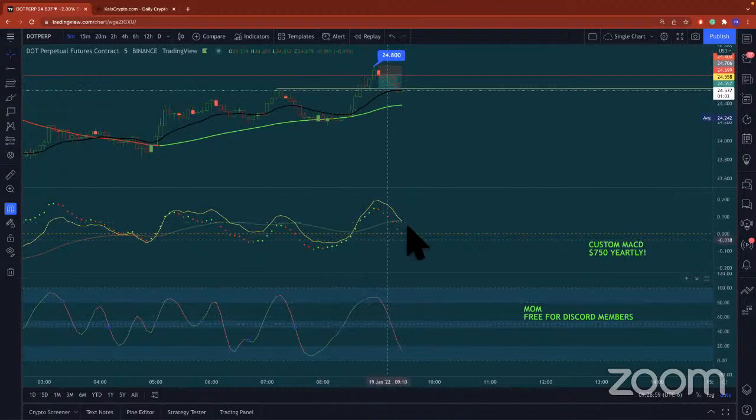So they're pretty simple. If you know how to code, then you can just look at this and code it yourself. If you don't know how to do it and you want to learn how to trade, you can purchase the custom MACD and you get free training with this also. This one is just stochastic set with mine.